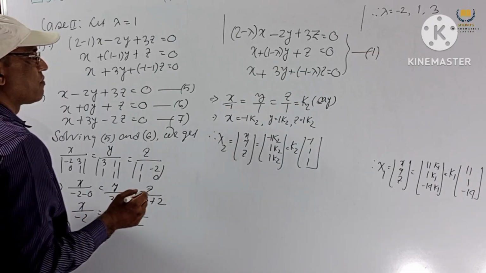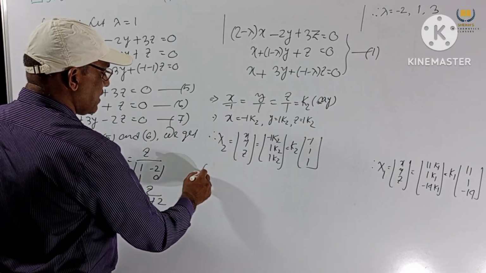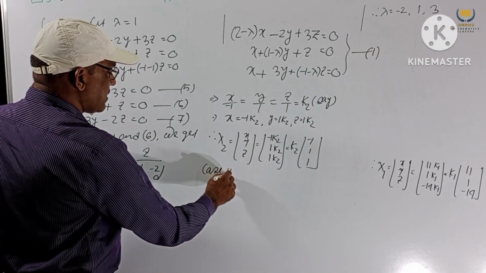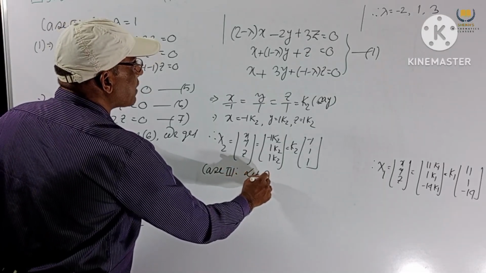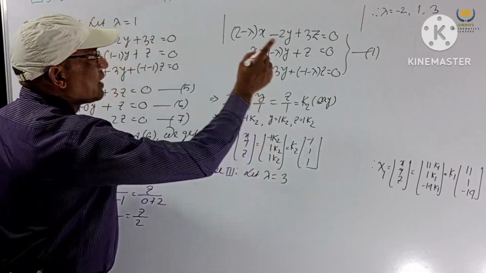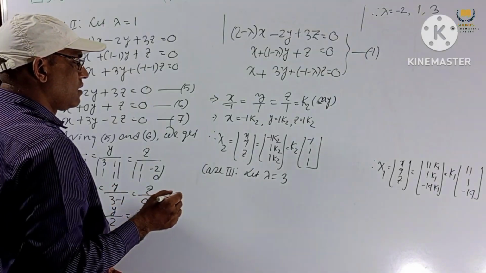Next we take case 3. In case 3, let lambda equal to 3. Next value is 3.